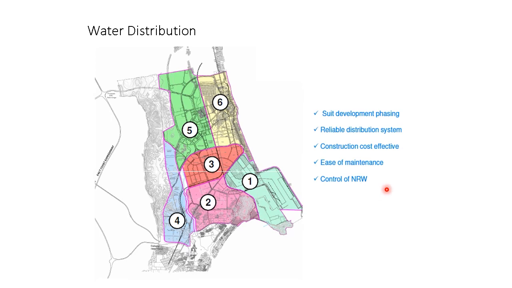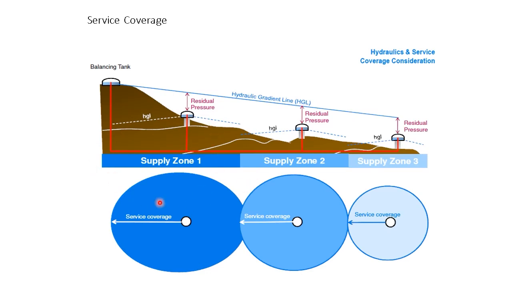Mungkin ada leaks ataupun dari segi metering punya inaccuracy. This one lah dari zone dia, zone 1, zone 2, zone 3. So daripada balancing tank yang high ground level akan pergi ke lower. Okay. Residual pressure turun lagi dan turun lagi kepada lower level.